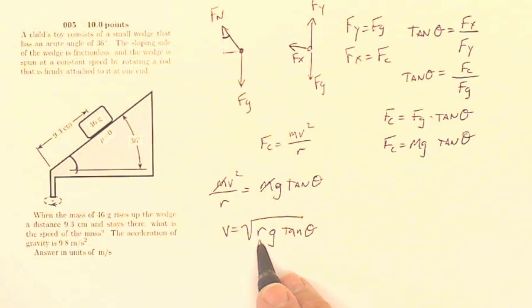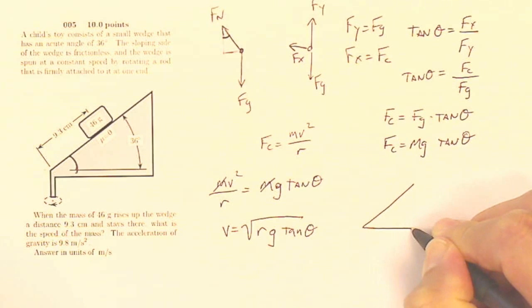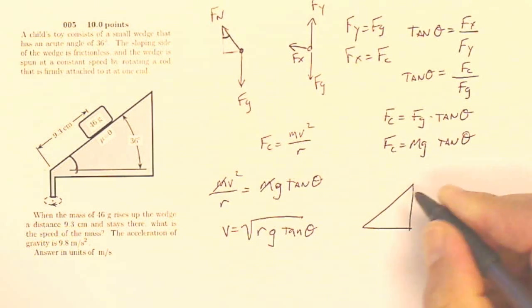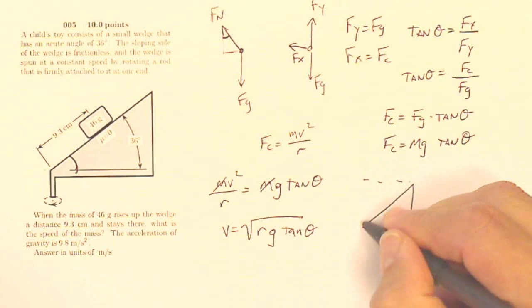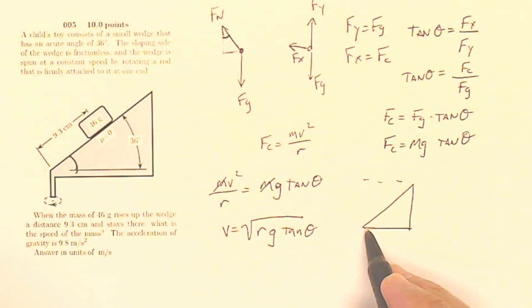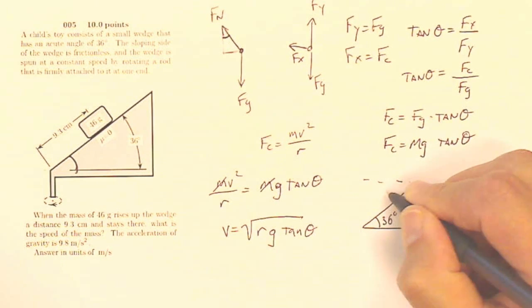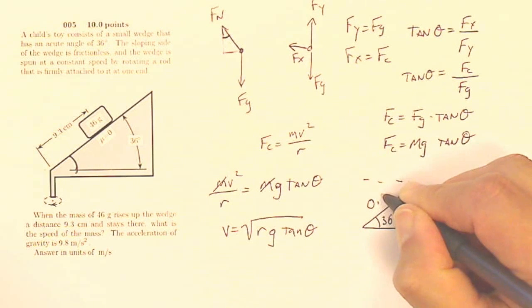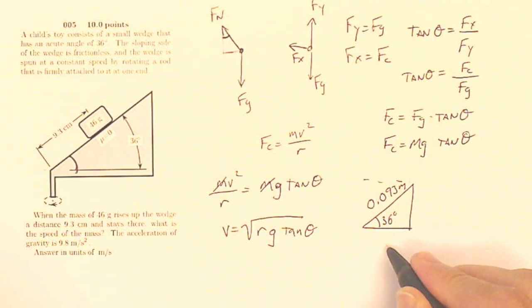So there's my speed. Now I know r, or do I know r? I don't know r. Here's 9.3 centimeters. So I have this, and this would be my radius. Actually, if it's this way, then this would be my radius, but it's the same as this one, towards the center of the circle, right? So if this is 36 degrees, and this is 9.3 centimeters, that's 0.093 meters, how am I going to get my radius r, which is here or here?